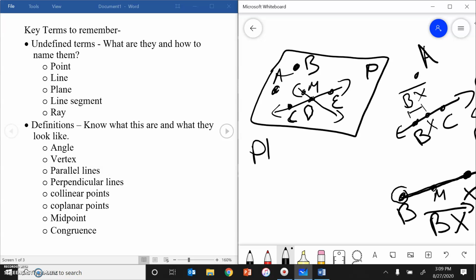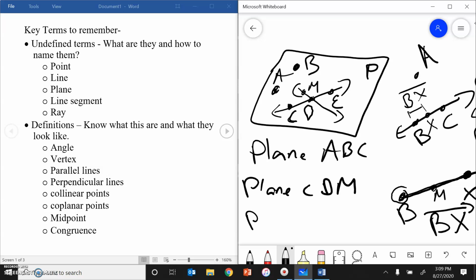So for example, this could be called plane ABC, plane CDM. The only thing that it would not be called, you cannot call it plane CDE, because CDE are what we call collinear. Okay, collinear points right here. Collinear points are points that are on the same line, and if you see all three of those points are on the same line, you cannot name a plane using collinear points.